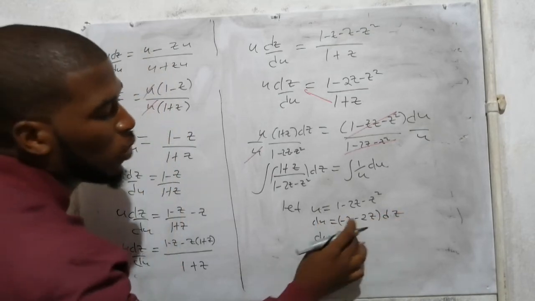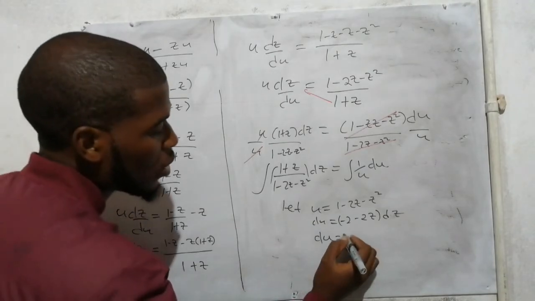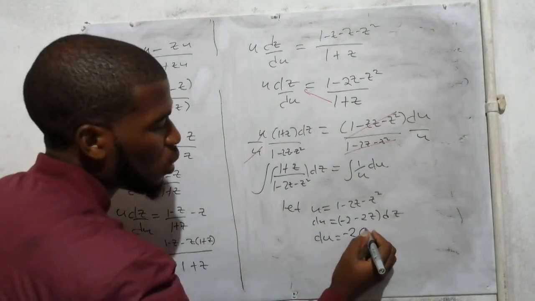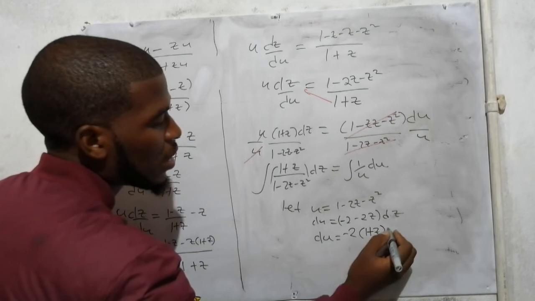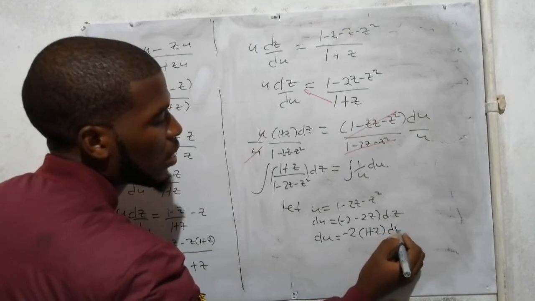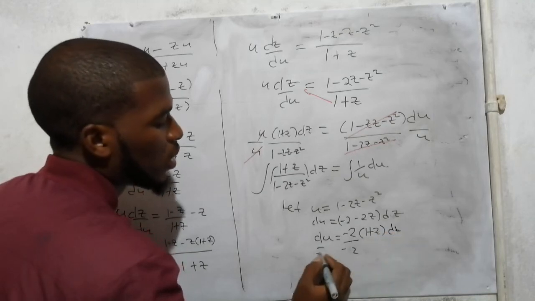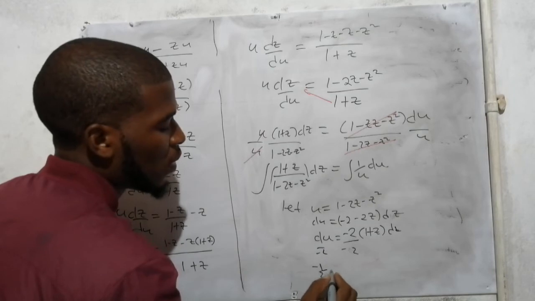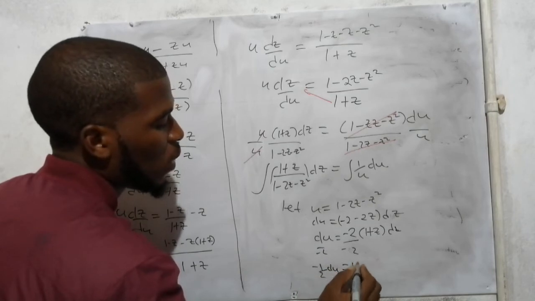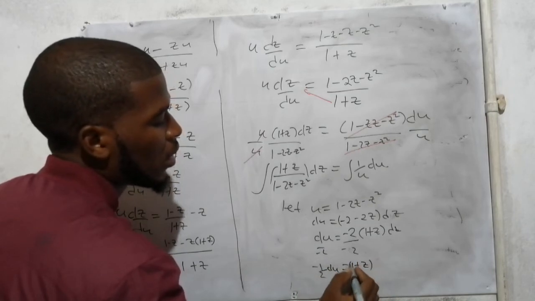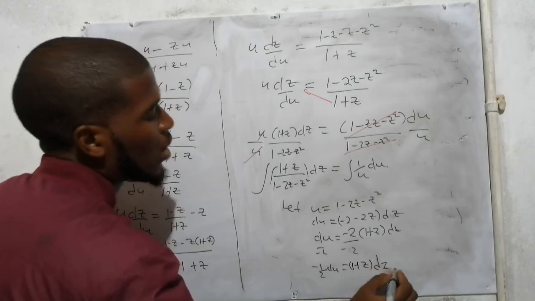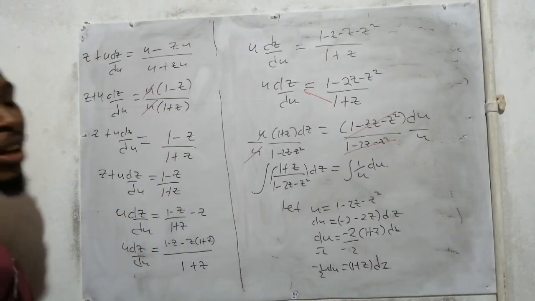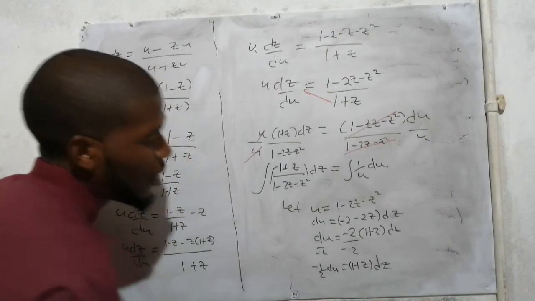We can take out the common factor of negative 2, so du equals negative 2 into 1 plus z dz, so negative half du equals 1 plus z dz.